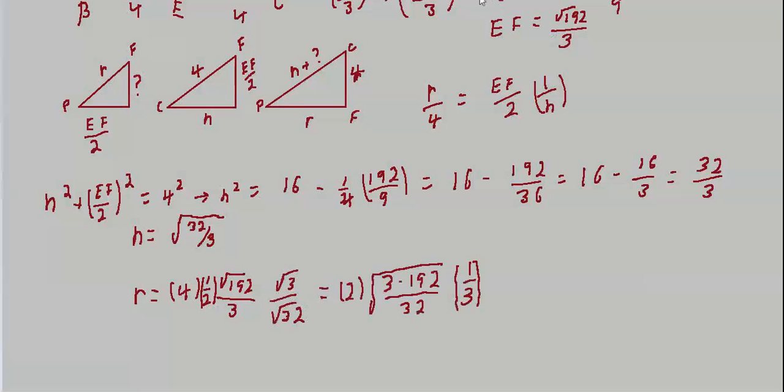So now we do a bunch more messy arithmetic. And when we rearrange this equation here, we get r equals 4 times EF over 2 times 1 over N. So we got 4 here, 1/2 of EF, which is the same as EF over 2.